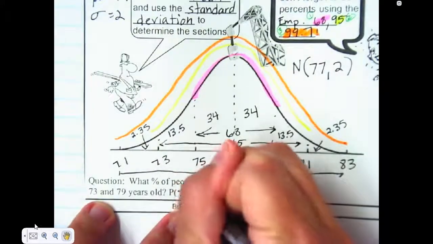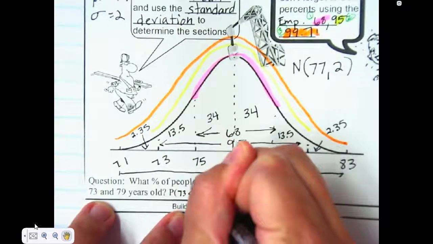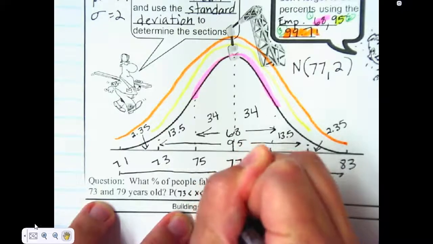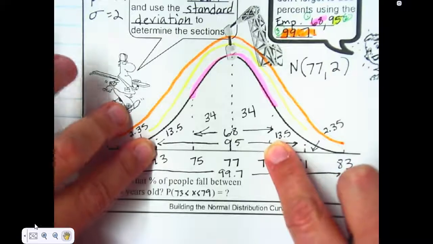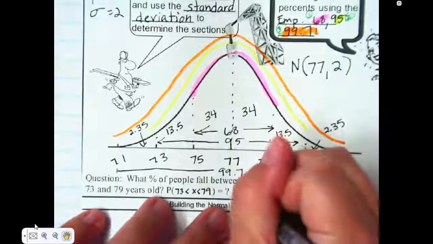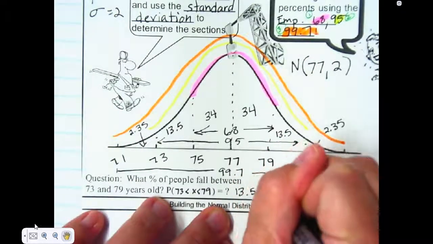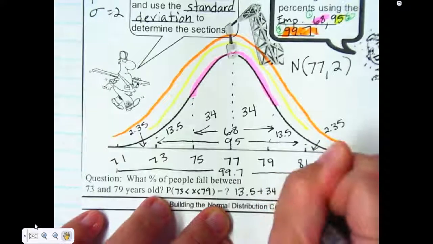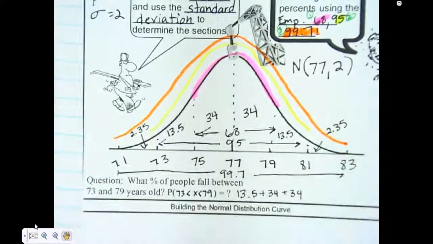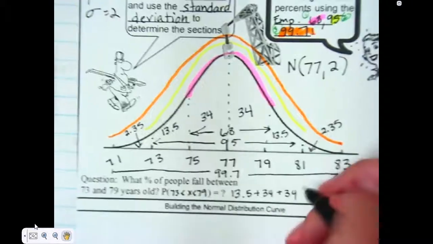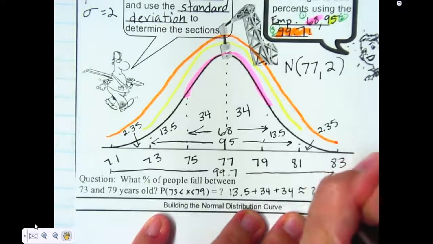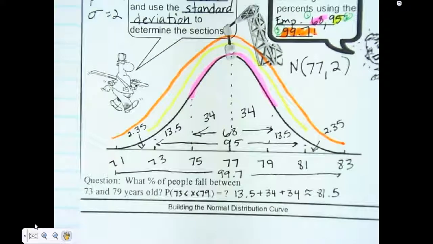So the probability that it's between 73 and 79. 73 is here, 79 is here. So I just need to add up those percents: 13.5 plus 34 plus 34. So I'm going to have 68 plus 13.5, and that's going to be about 81.5%.